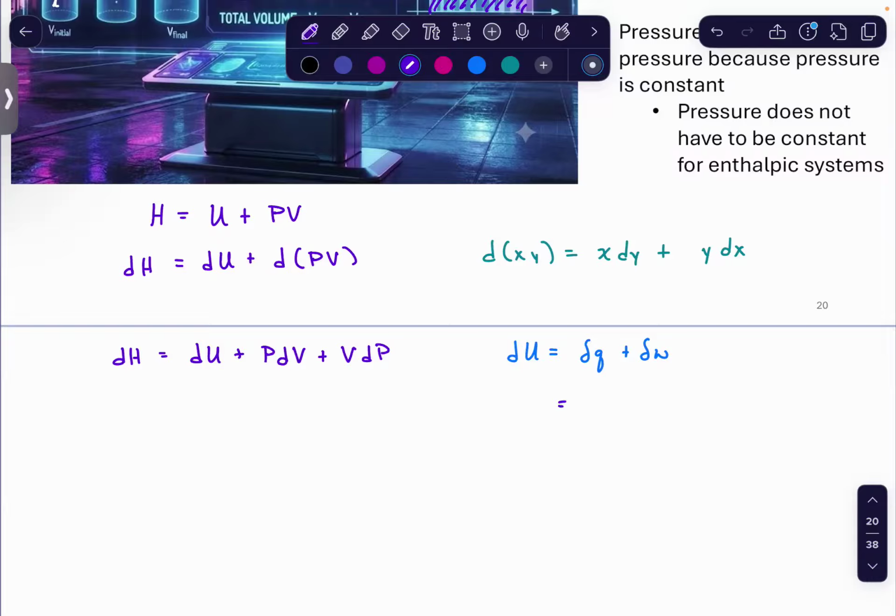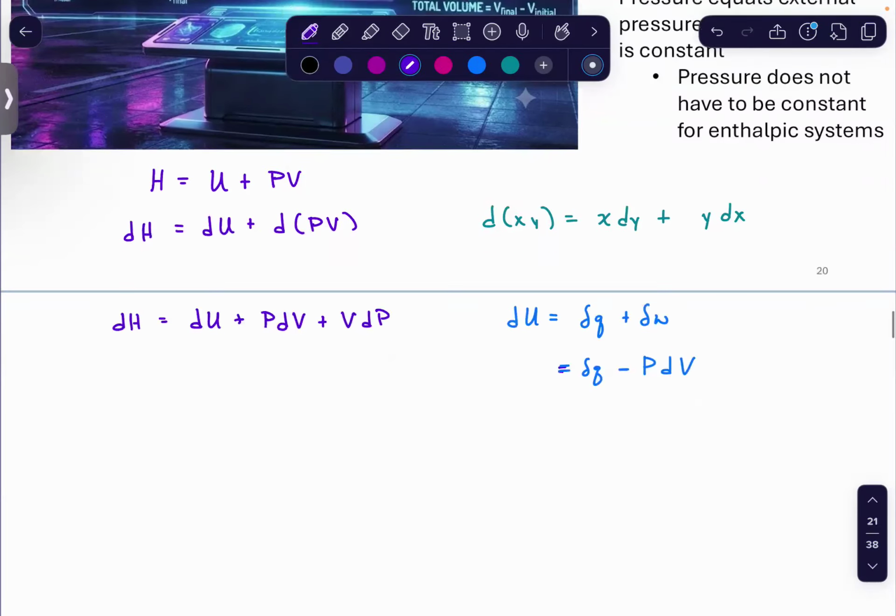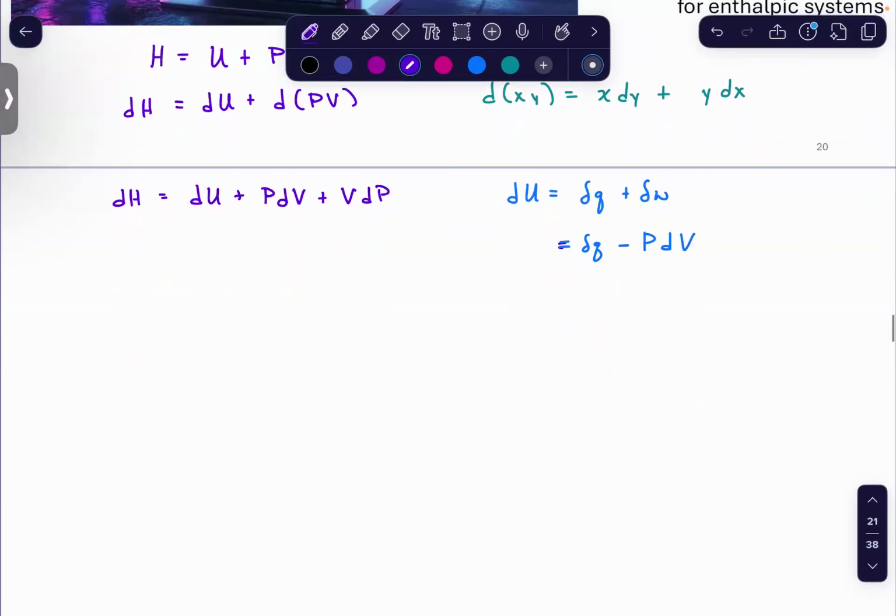However, you can get a proper differential out of that by doing PdV. So your improper differential W becomes minus PdV, and then you substitute that in.